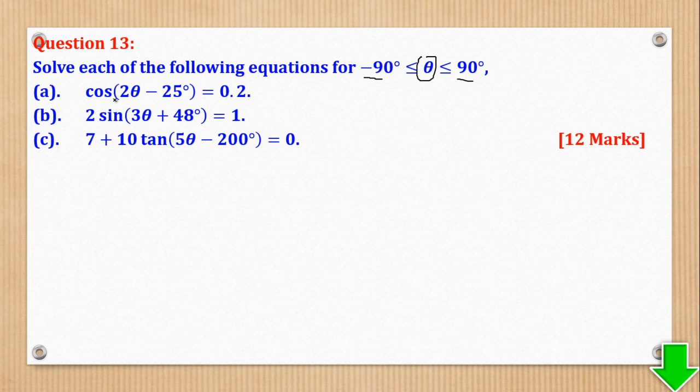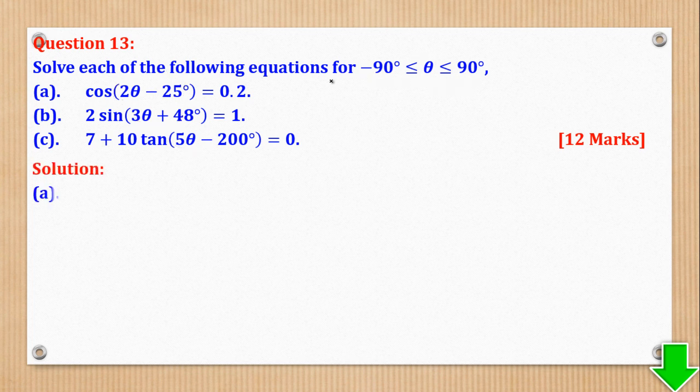But in the question they have given, for example, 2 theta minus 25. So the question is, what should be the minimum angle for this bracket and the maximum angle for that? Same applies to the others. So we need to get our new minimum and maximum, then work with that until we get theta in that range.